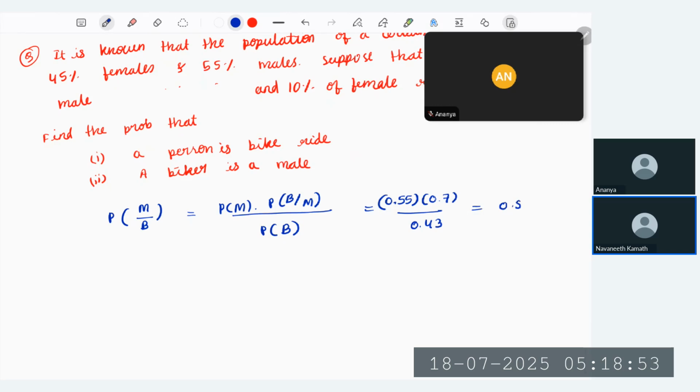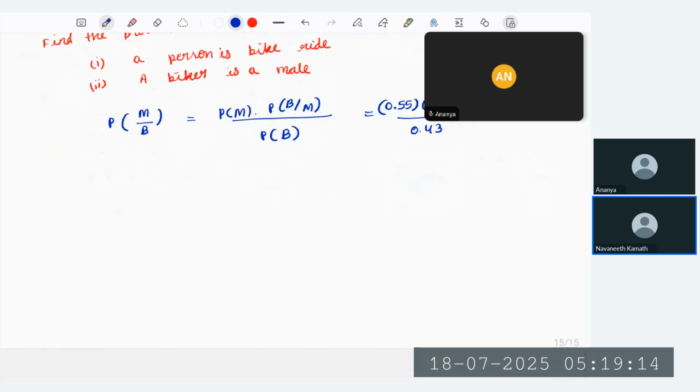The answer will be 0.895. So 89% of bikers will be male in this case. Got it. This is called Bayes rule.